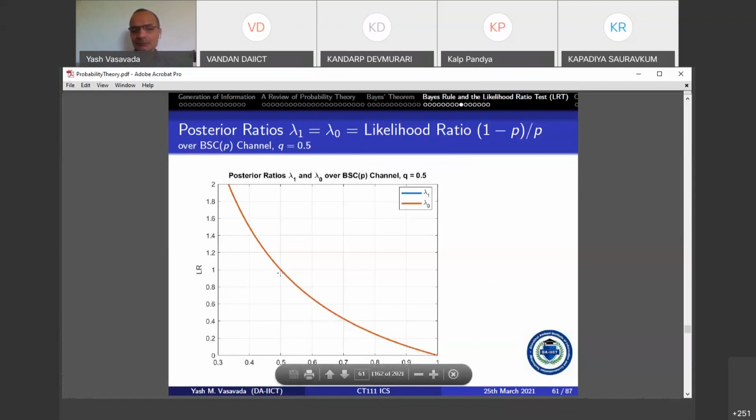Basically, this curve here shows the posterior belief ratios for different values of p. And what it tells us very specifically is that in this case, when q is equal to 0.5, when p becomes 0.5, then you have equal beliefs about x is equal to 0 or x is equal to 1, irrespective of whether you get y equal to 1 or y equal to 0.